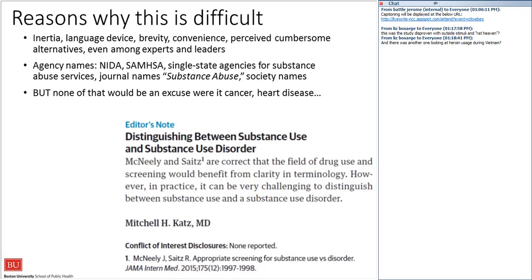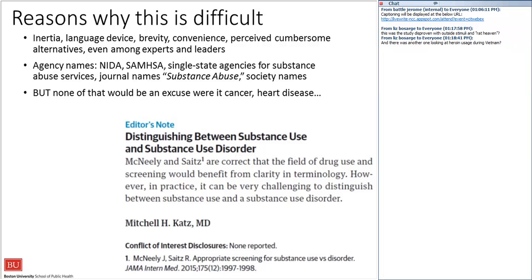So the names of an agency like NIDA or SAMHSA, the Substance Abuse and Mental Health Services Administration, single state agencies for substance abuse, names of some highly respected journals like Substance Abuse, society names are all there and difficult to change. But I think we ought to think about changing those because it does make it hard to change words and perception if we don't change those.